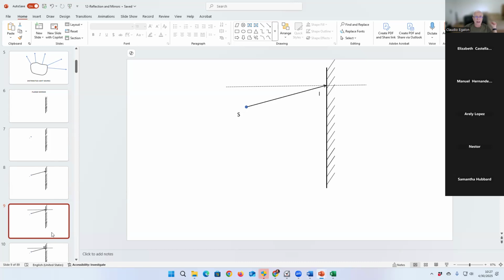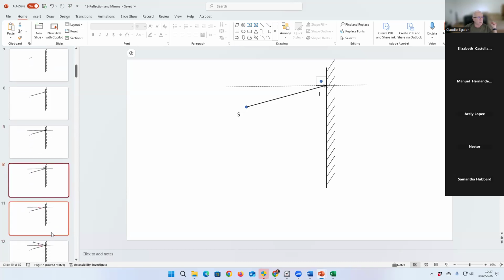This dashed line is perpendicular to the mirror, normal to the mirror. And the angle of incidence is measured with respect to this direction, that is perpendicular to the mirror.